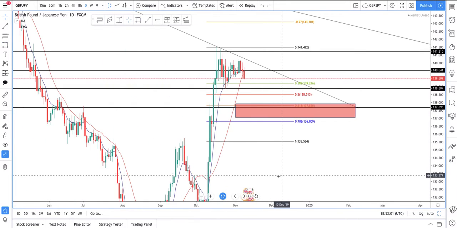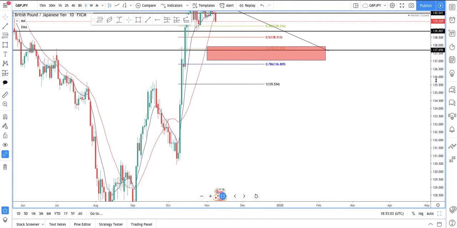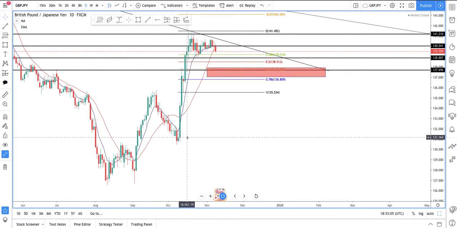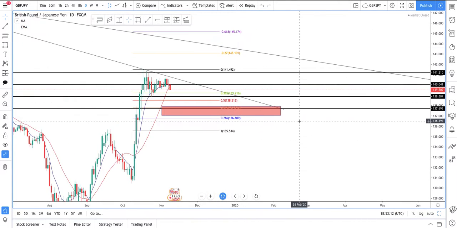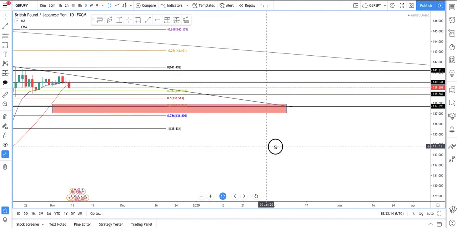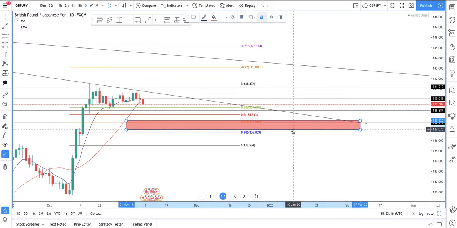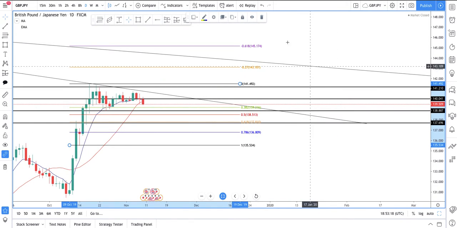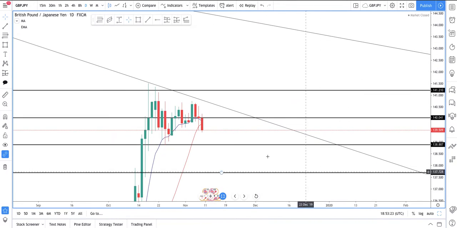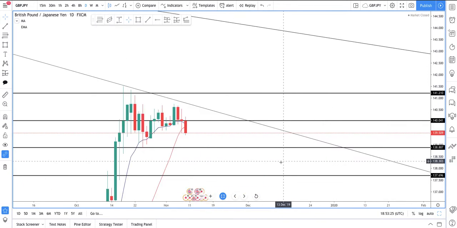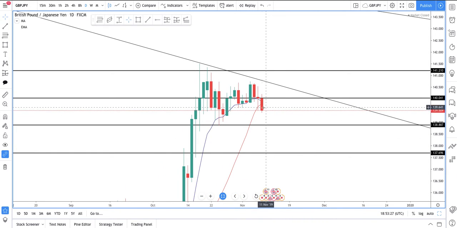Somewhere around this region, as we've created a higher high, higher low, higher high, so we need to form another higher low before we shoot up. We'll delete this for now, and we will go ahead and zoom in. As you can see, even the MAs are about to cross over.